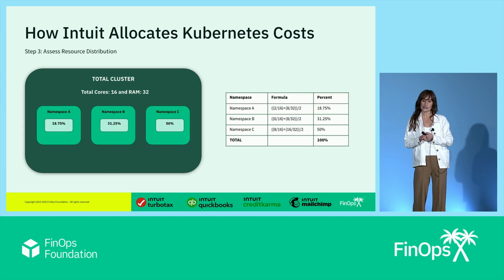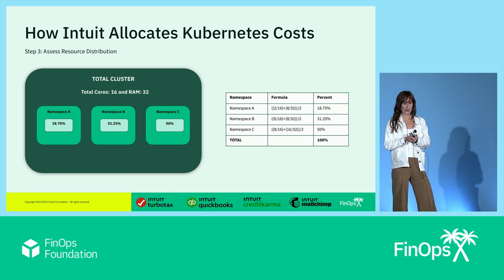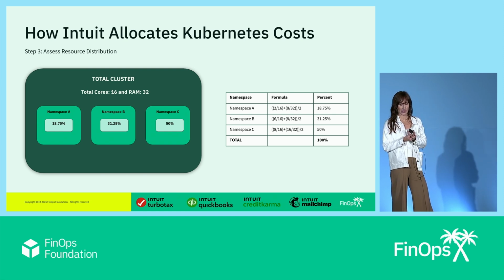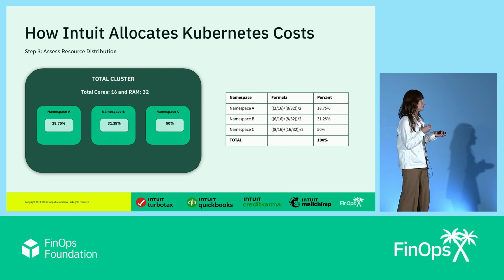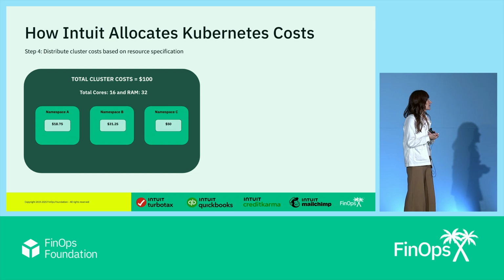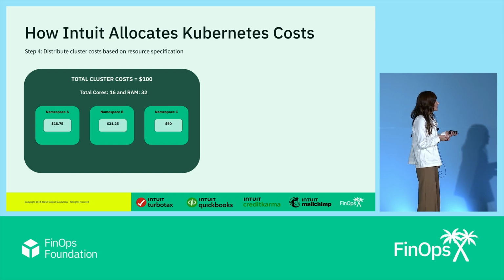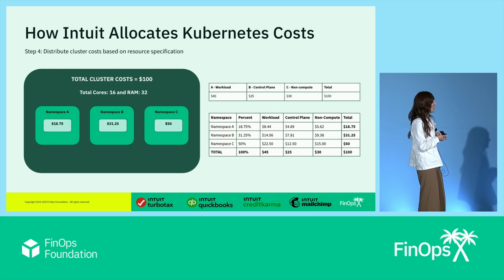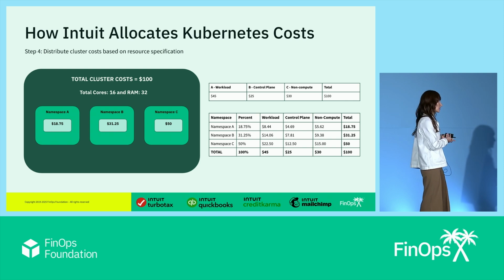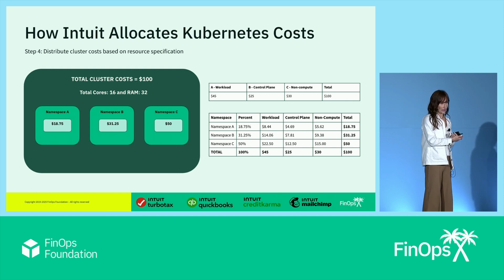So now we just aggregate all of the specific namespace CPU and RAM to find the percentages that each namespace is responsible for. We then apply these percentages to the specific cost categories that we outlined in step 2. So now you have your cost per namespace, and you can see it broken out by workload, control plane, and non-compute.